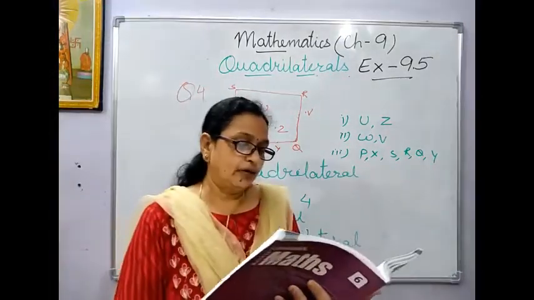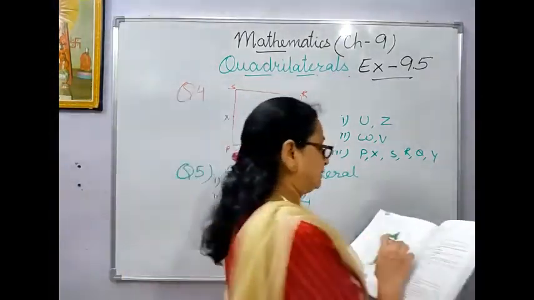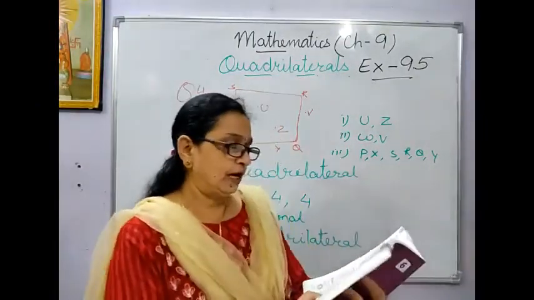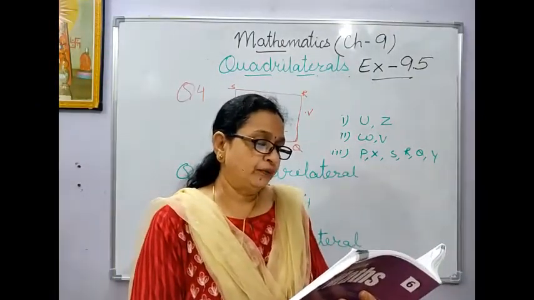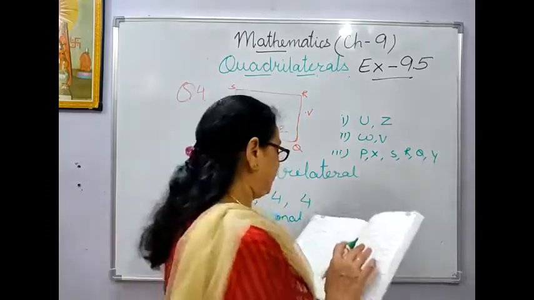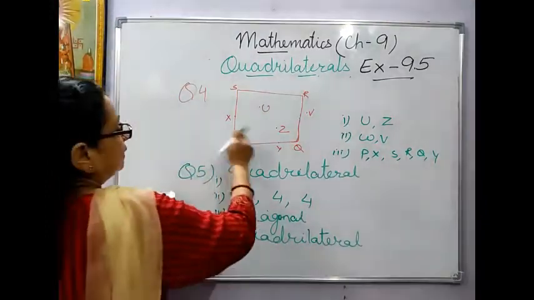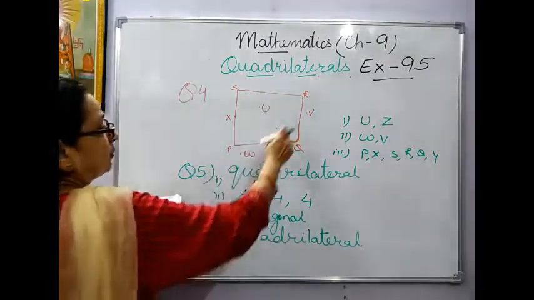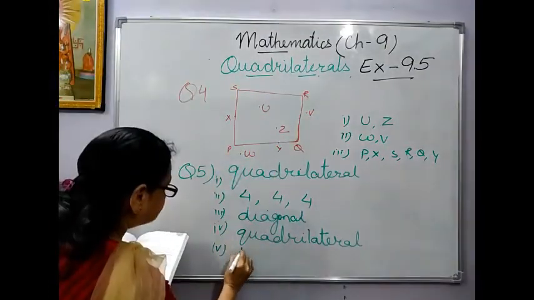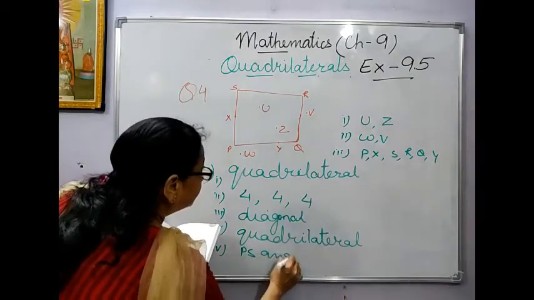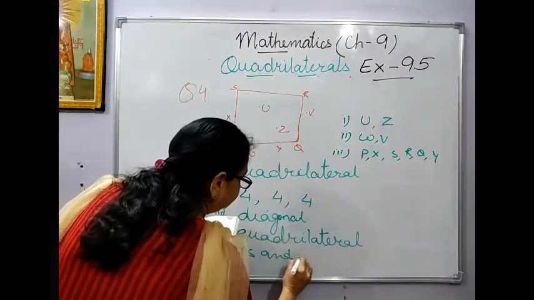Then in the quadrilateral PQRS, the pairs of opposite sides are PS and QR.